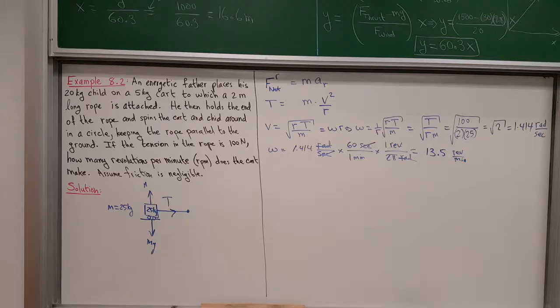So the child here is being spun along with the wheel, and the father is spinning them. They make 13.5 turns per minute. I don't know if that's fast or not. 13 something per minute, that's actually fairly fast. That's why they say an energetic father.